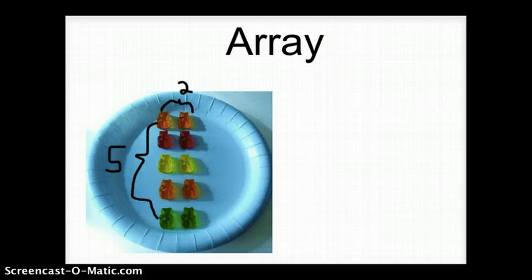This is called a 5 by 2 array. The multiplication sentence that matches this is 5 times 2 equals 10.